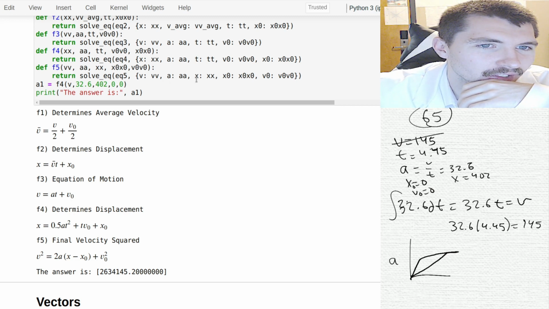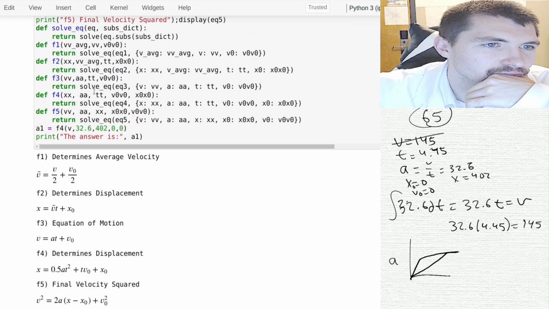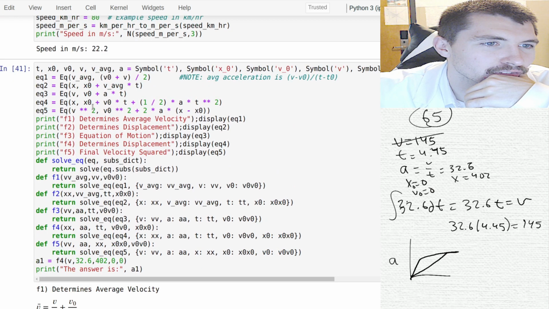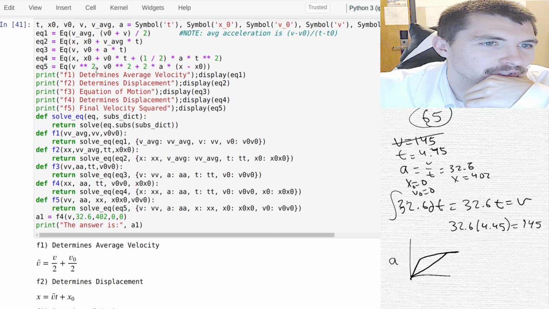V A X X naught V naught. Equation 5. V squared, V naught squared.